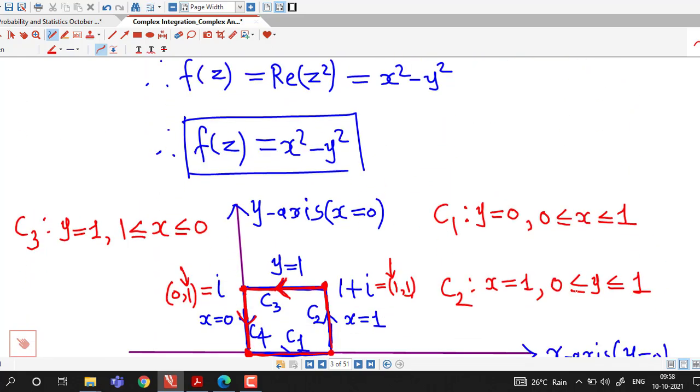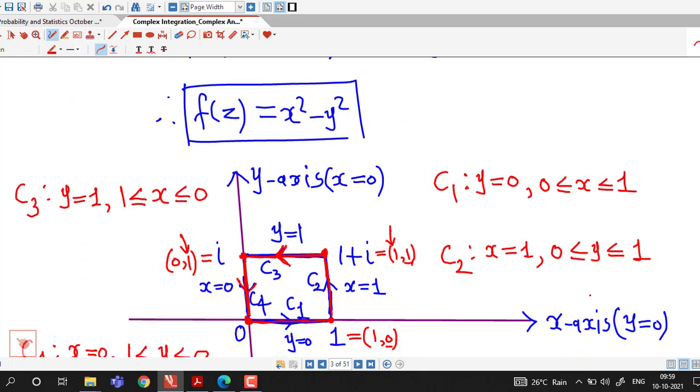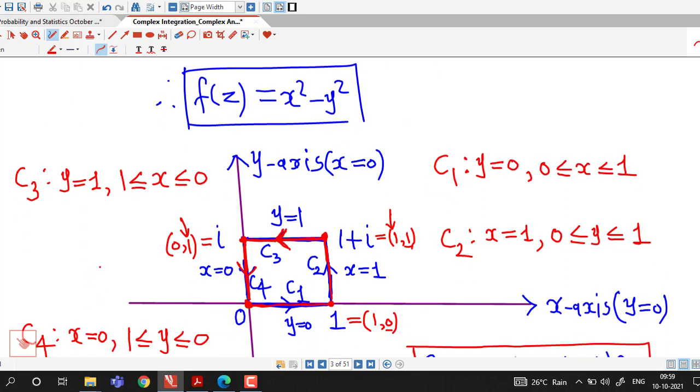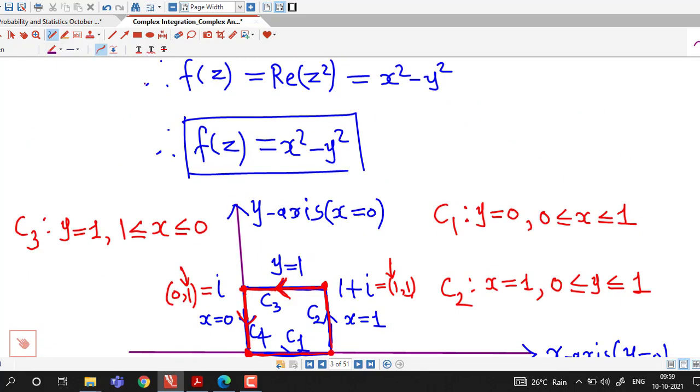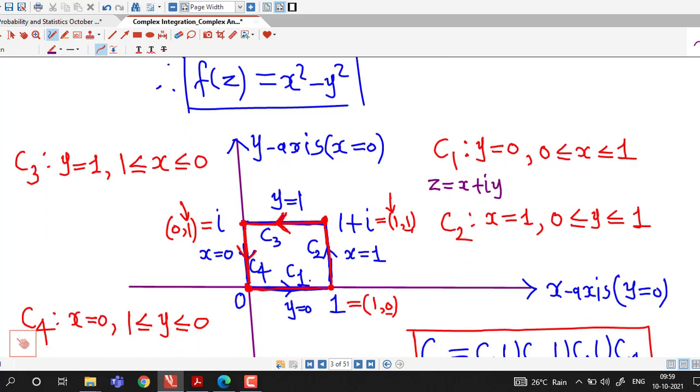Now we have f of z equal to x square minus y square, and we have to decide the value of dz along each of these contours. So we know that if z is x plus iy, and we consider any z along C1, then z is x plus iy, but along C1 the value of y is 0.